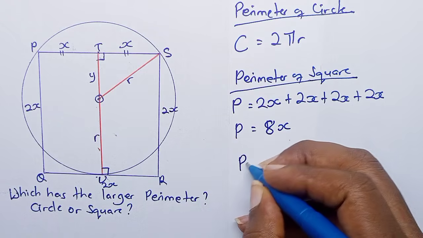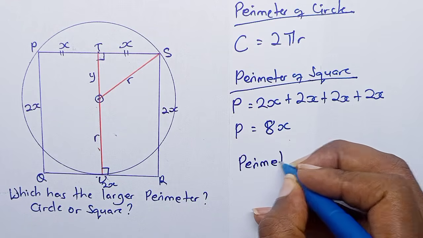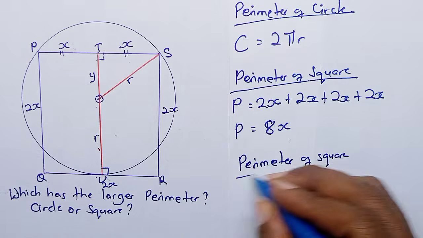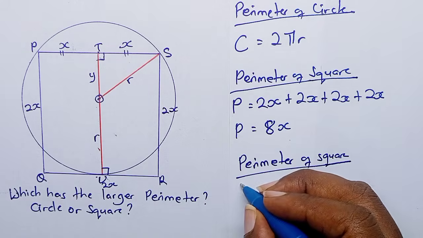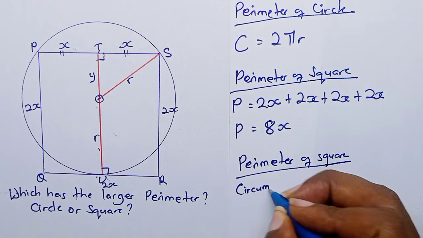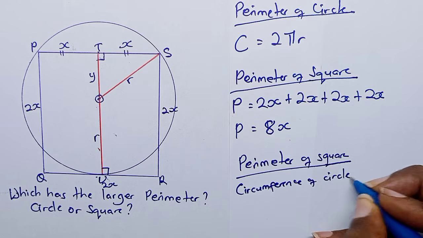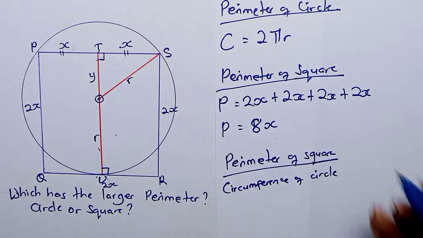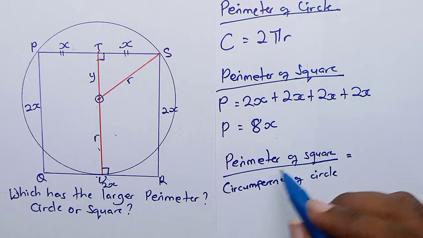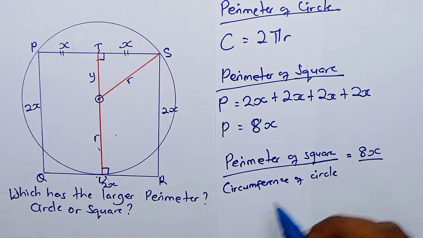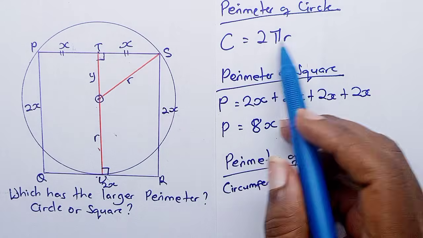Now let's write the perimeter of the square as a ratio to the perimeter of the circle. So perimeter of square to circumference or perimeter of the circle will be equal to, the perimeter of the square we said is 8x, and the circumference of the circle is 2 pi r.